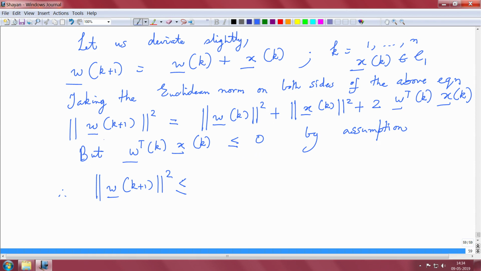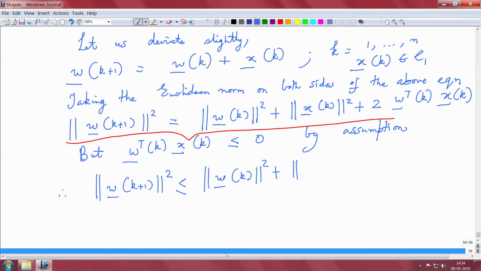So, the left hand side of this norm equation that I have in red, right, this is less than or equal to norm W k square plus norm x k square, right. Now, we have a sort of a recursive relationship in terms of the norms of these vectors.